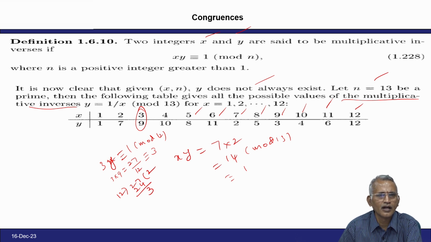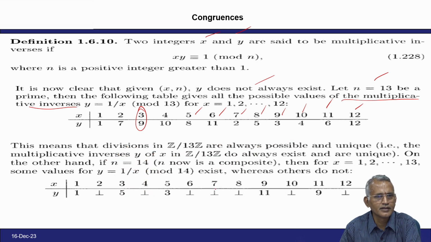So, we can get one number in terms of another number's inverse using the congruences. This means that divisions in integers modulo 13 are always possible and unique.